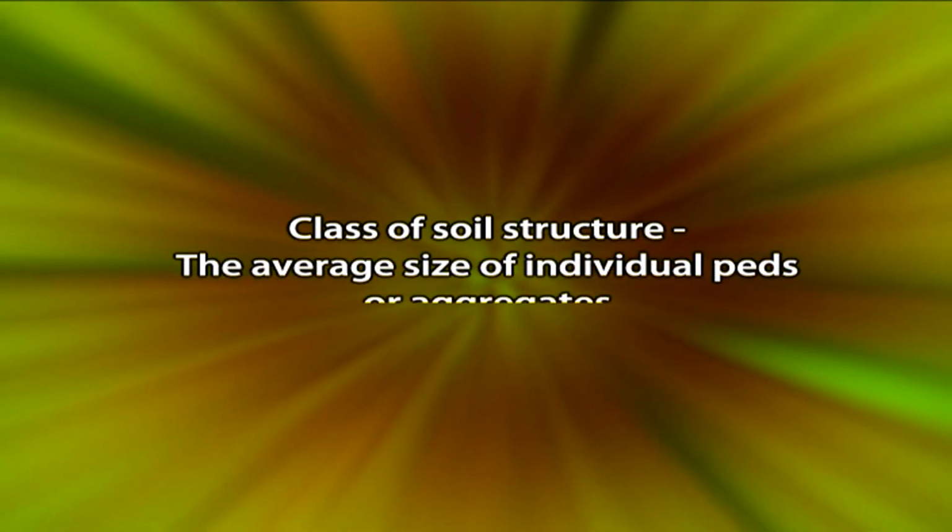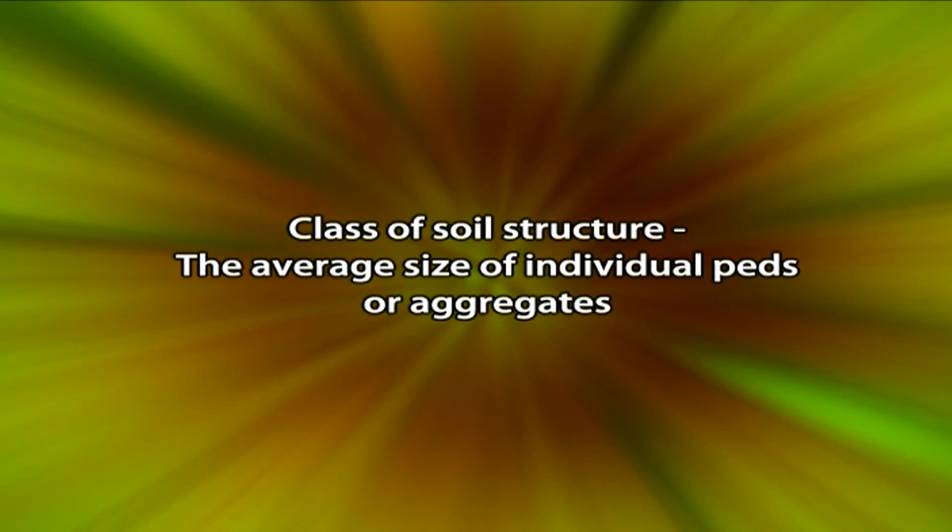Another important property or aspect of the soil structure is the classes of soil structure. Class of structure refers to the average size of individual peds or aggregates. There are 5 classes of structure which encompass all types of soil structure. The size limit of the classes differs according to the shape of the units.